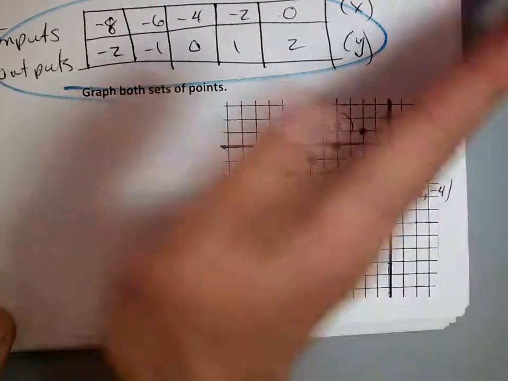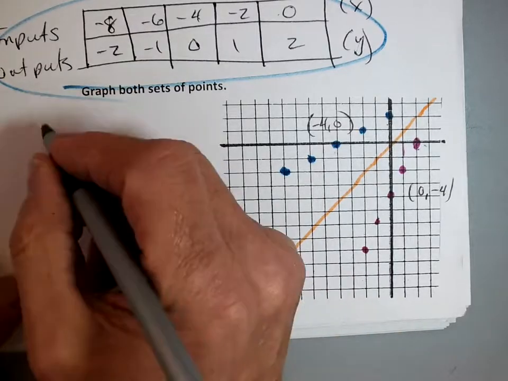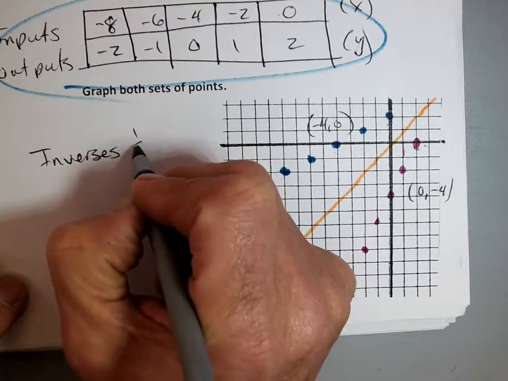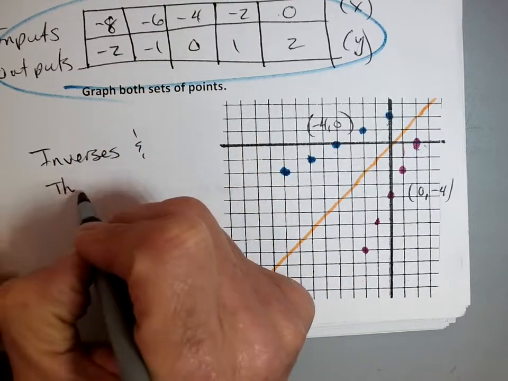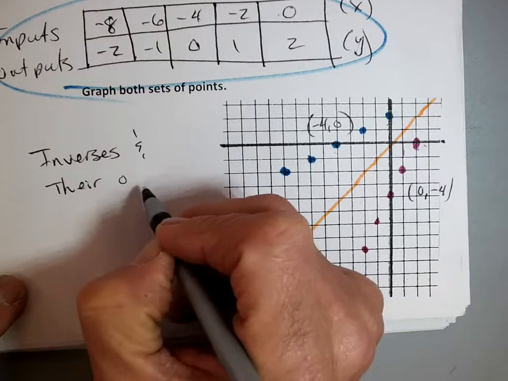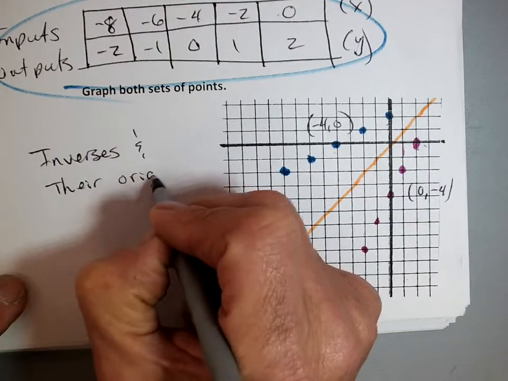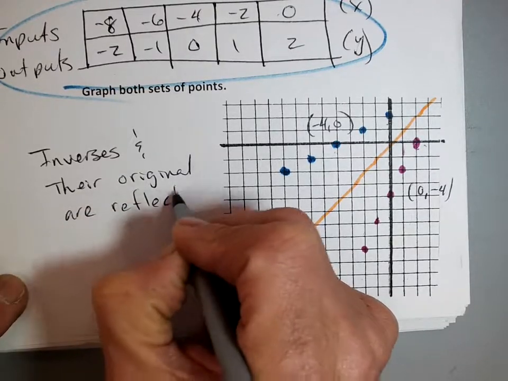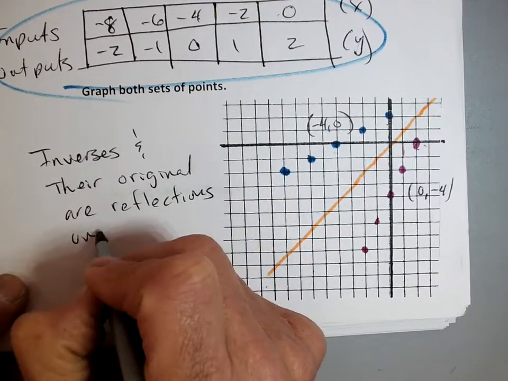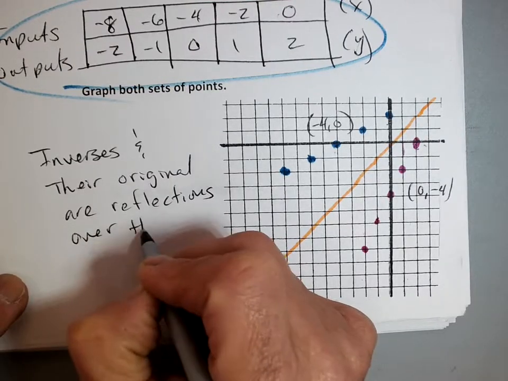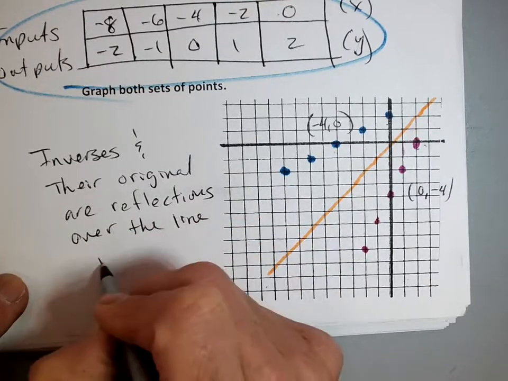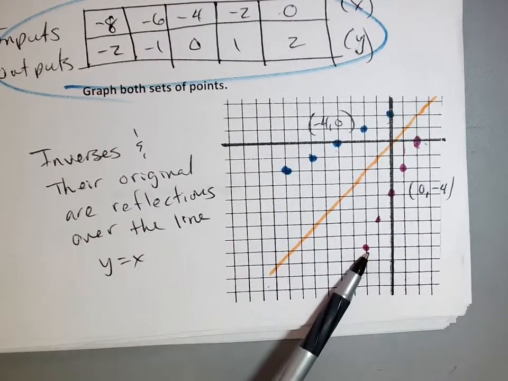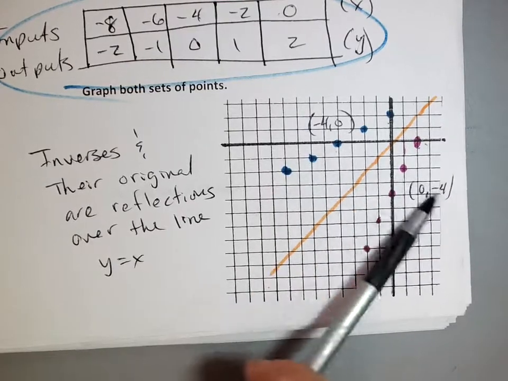So inverse graphs and their originals are reflections over the line y equals x, okay? So if I fold it over, they're just reflections.